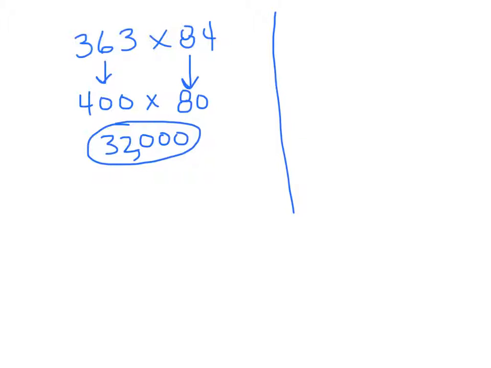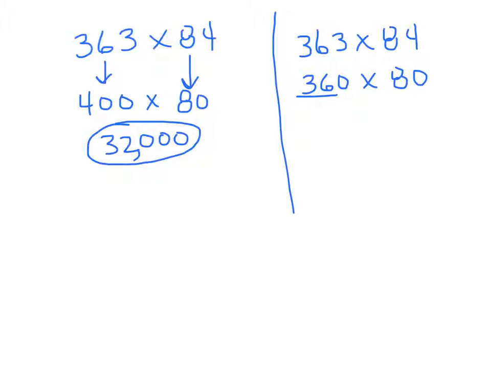Some people might take a look at that and say, well, 363 times 84, I want to round off the 363 to the nearest 10. If I do that, I get 360. If I kept the 84 rounded off to the nearest 10 and got 80, I could certainly do that. However, how quickly can you multiply 36 times 8 in your head would be the question. If you could multiply it quickly in your head and then add the 2 zeros, that would be great.